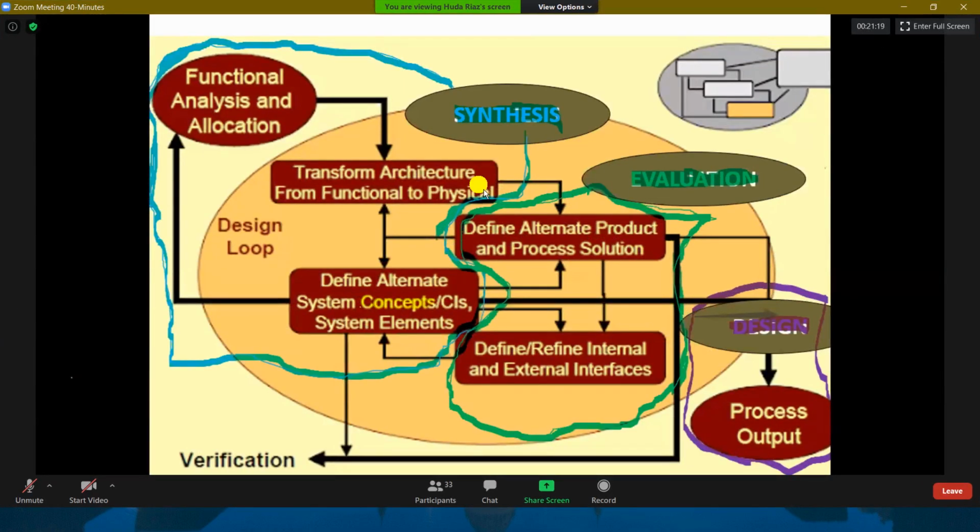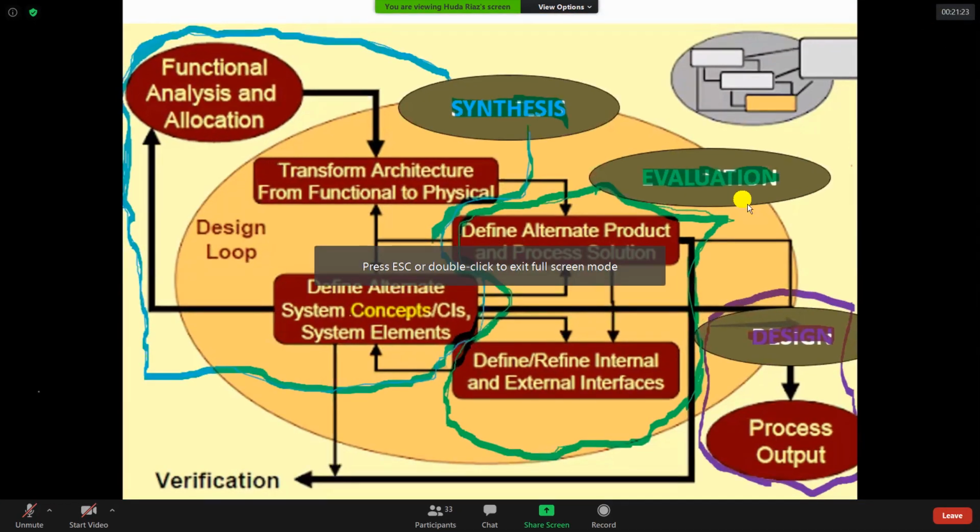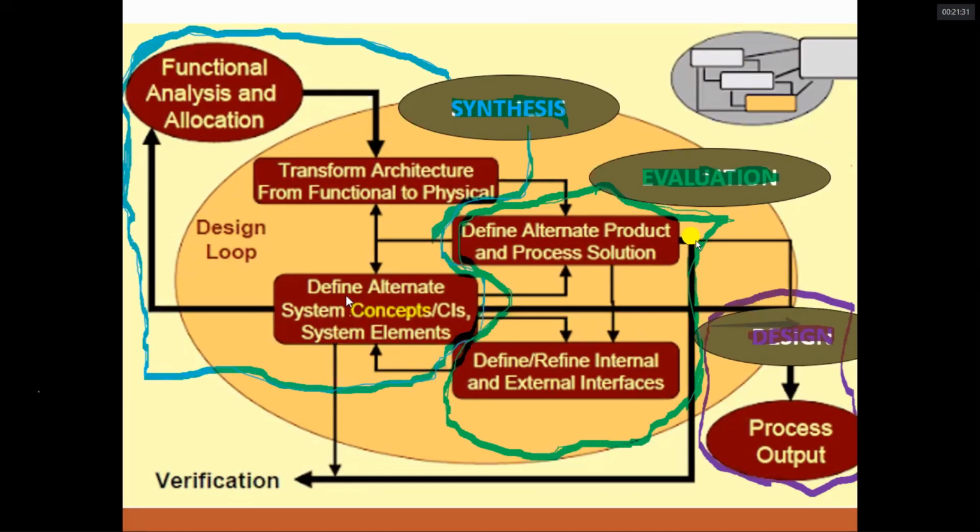In the synthesis part, you are amalgamating your functional part with your creative idea and giving it a physical form. There is more than one concept with reference to design elements. We will study in our next lectures what design elements and principles are. And then in the evaluation process, we have two major features.